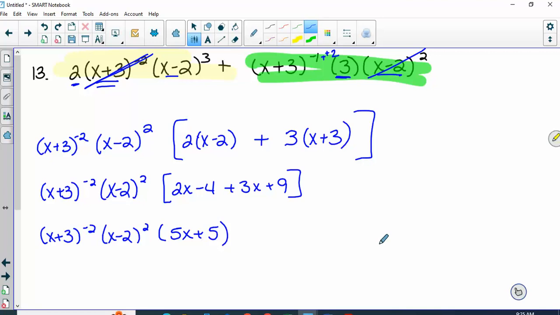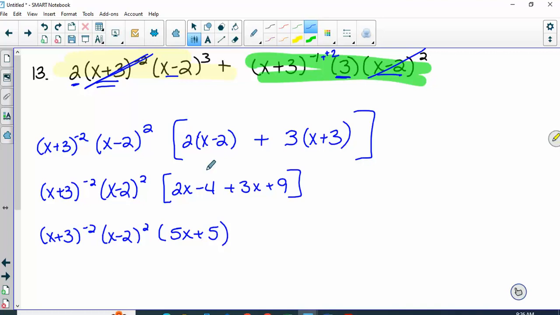Did you guys get 5x plus 5 for that parenthesis? Okay. What else, just as a side note, what does a negative exponent mean? Negative, yeah, would move to the bottom. So you could write the x plus 3 squared on the bottom. You guys know what I mean by that?